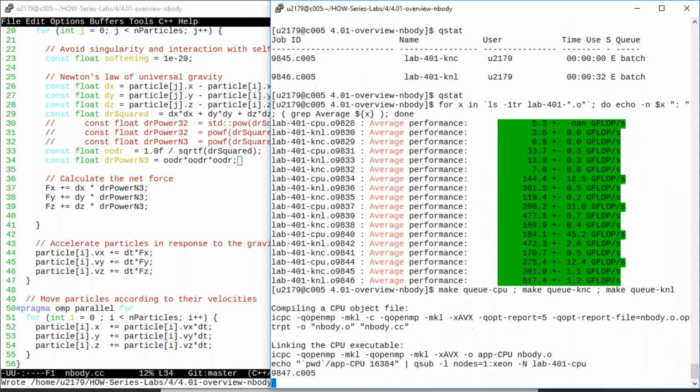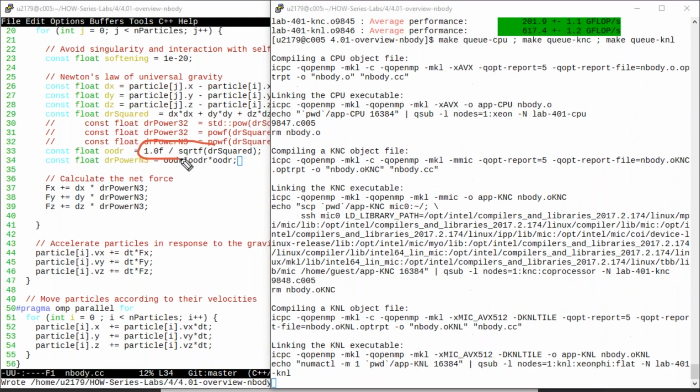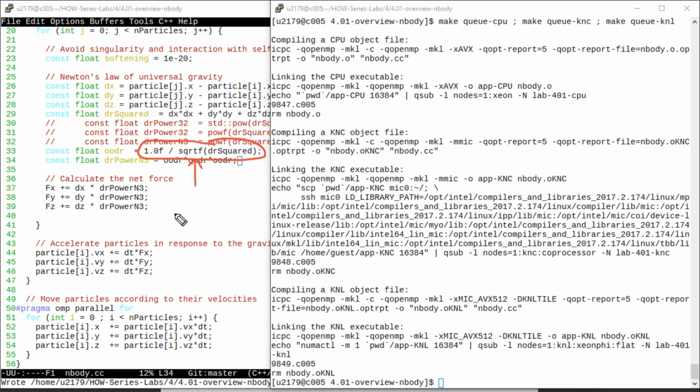The reciprocal square root function is actually implemented as one of the new functions in the AVX-512 ER dataset supported by the Knights Landing processor. This function is highly optimized. It is a high throughput, low latency function, much more efficient than the power function.